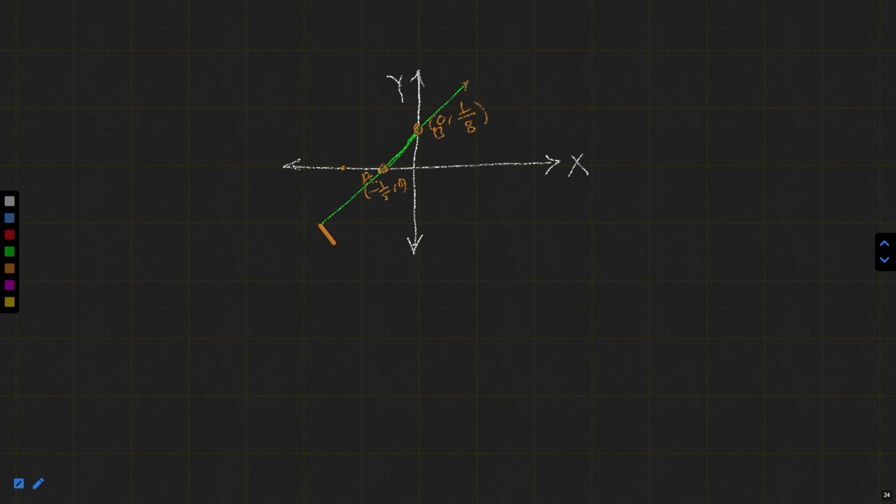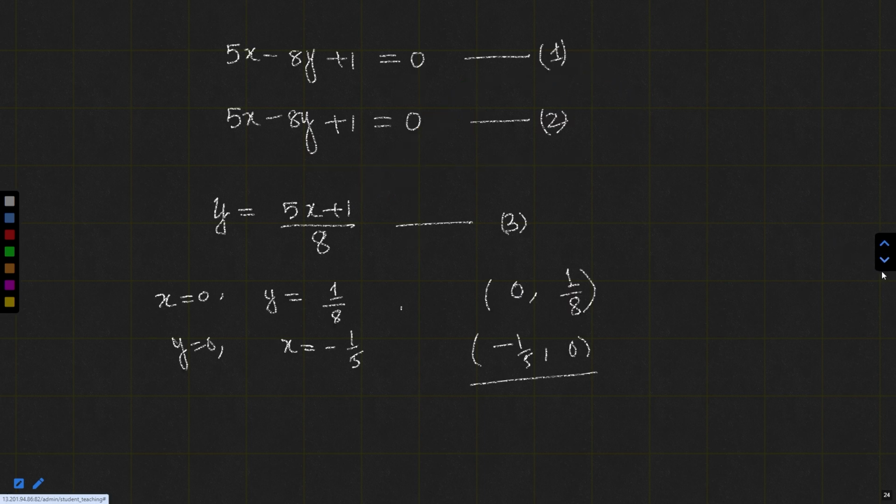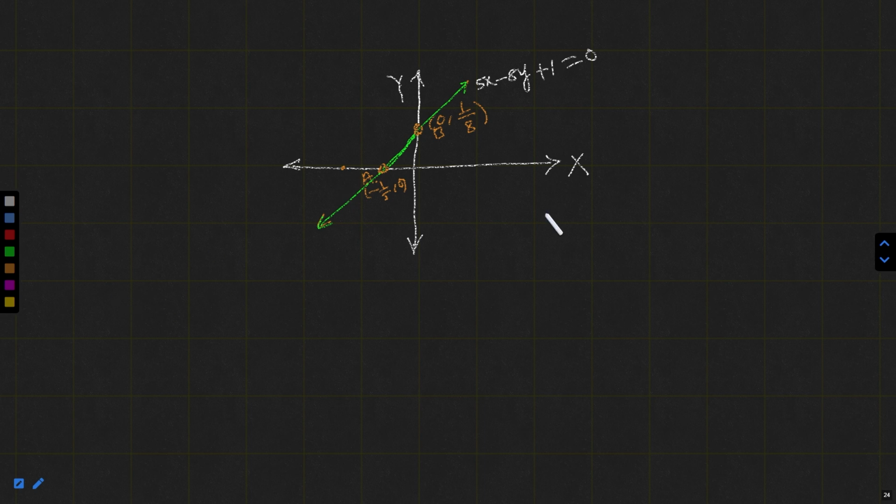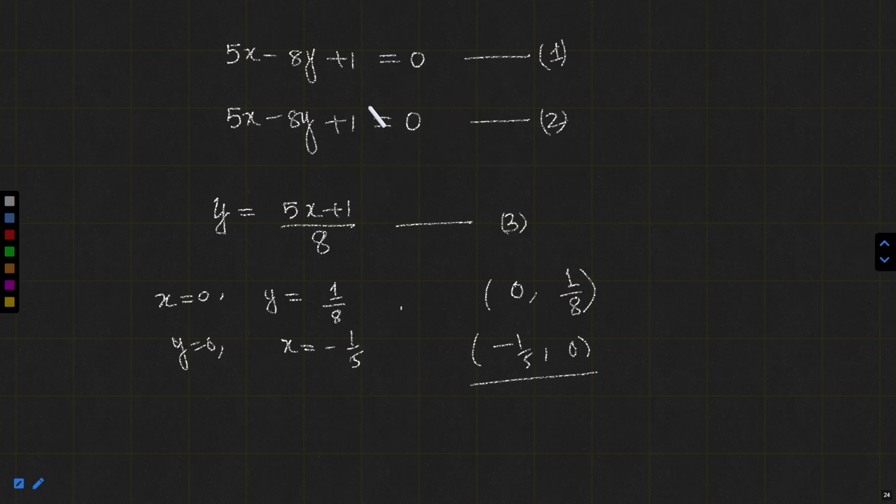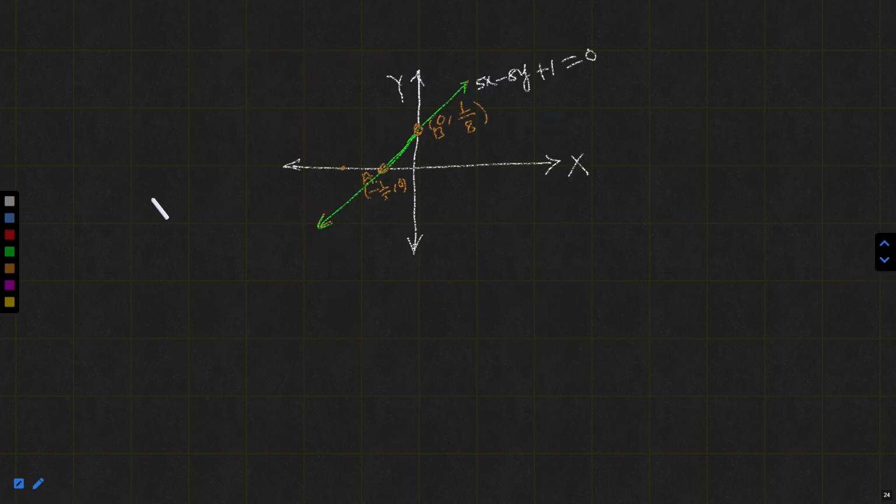This line basically represents the equation 5x minus 8y plus 1 is equal to 0. Similarly, you can draw the graph of the line 5x minus 8y plus 1 is equal to 0. They are basically the same lines, so this line also coincides with this line.